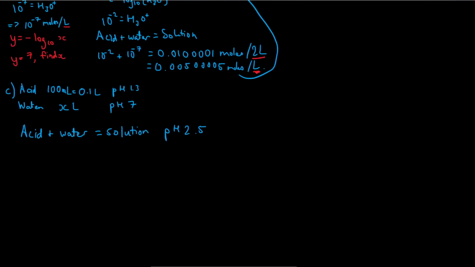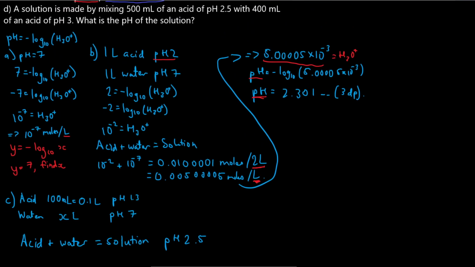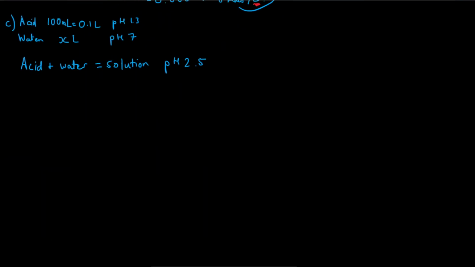Let's look back up at the question. pH 2.5, fantastic for question C. So before we had acid plus water equals solution as well in question B. So let's try that same technique here.